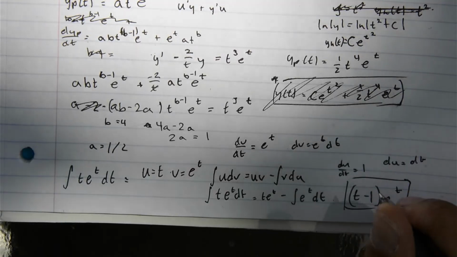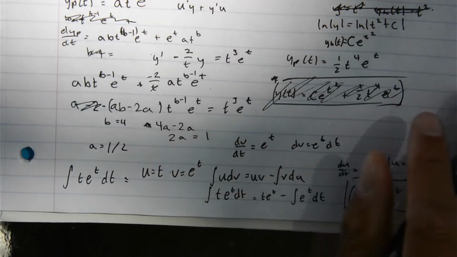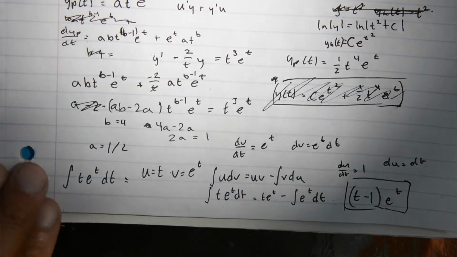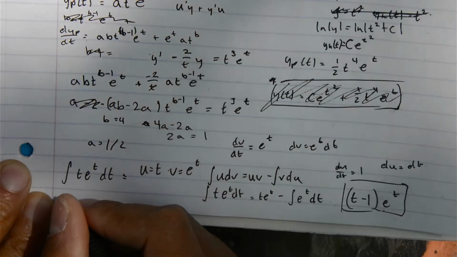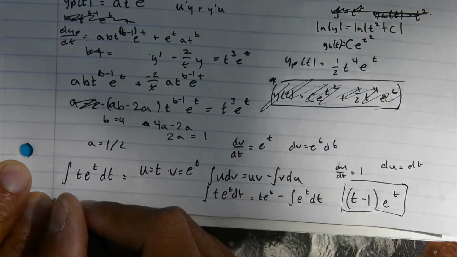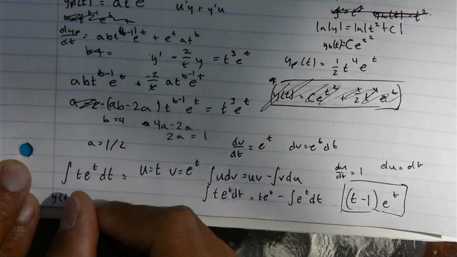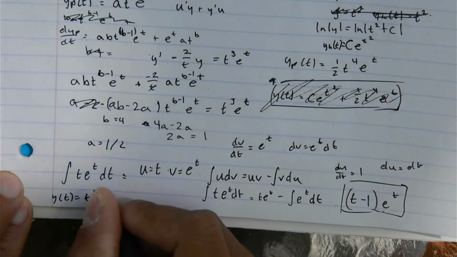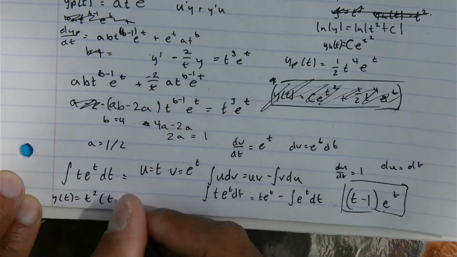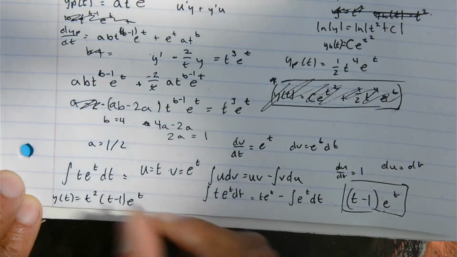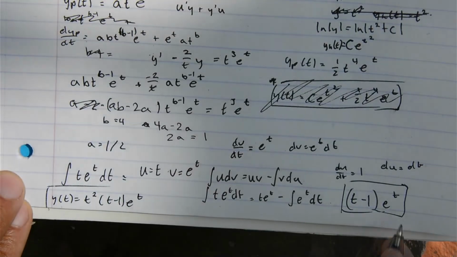Okay, so we're almost done. The final thing is just to write down the solution, which I think is going to be y of t is equal to t squared times (t minus 1) times e to the t. Oh, where's the c?